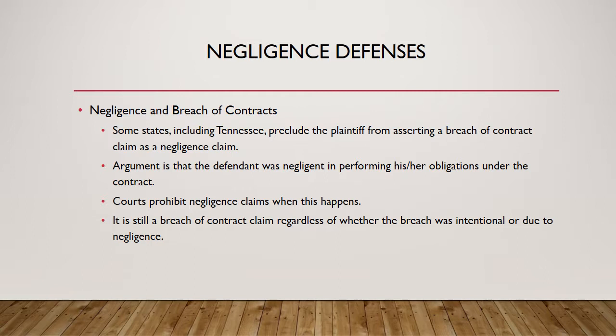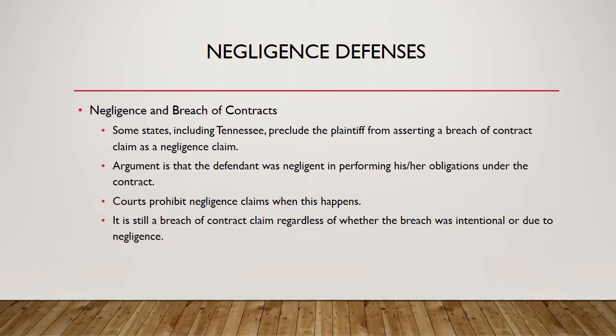So the argument is that the defendant was negligent in performing his or her obligations under the contract. So if you're required under the contract to build something and they argue that you built it improperly, there's a question of whether you have a breach of contract claim or a negligence claim.